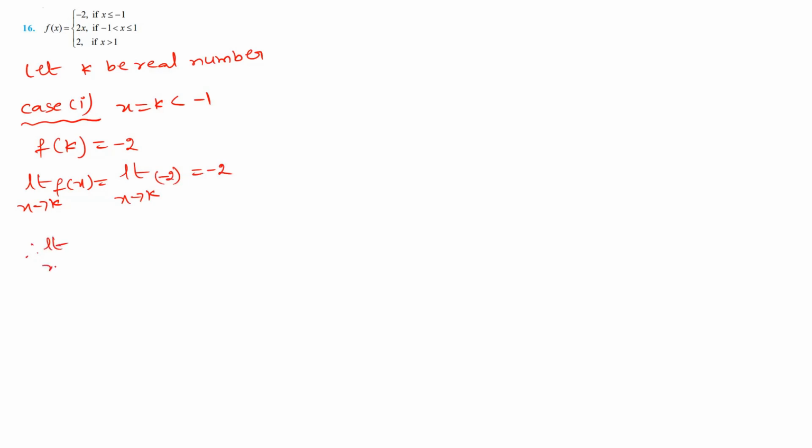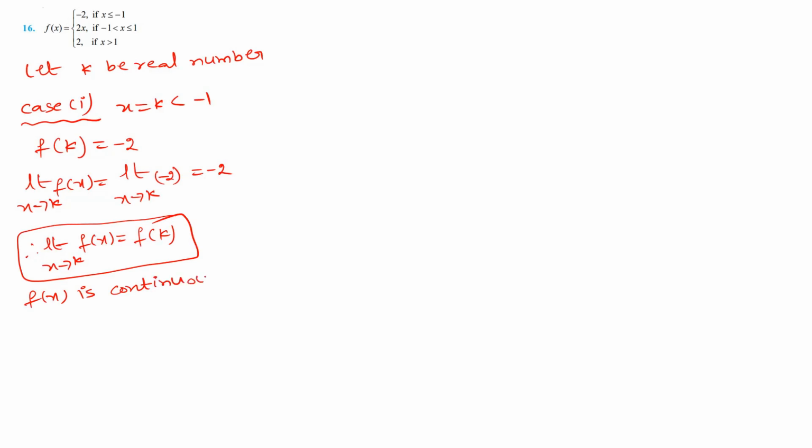Therefore, limit x tends to k, f of x is equal to f of k. So f of x is continuous at x is equal to k, which is less than -1.